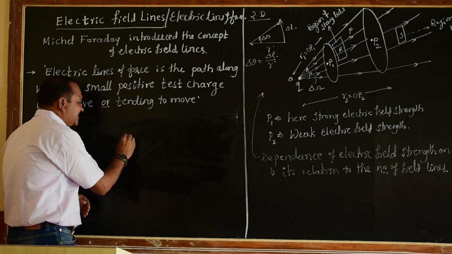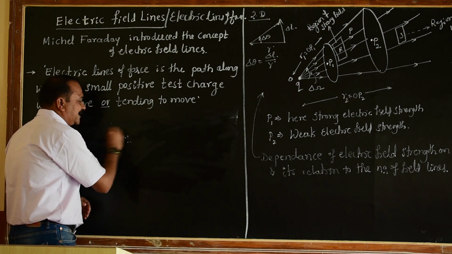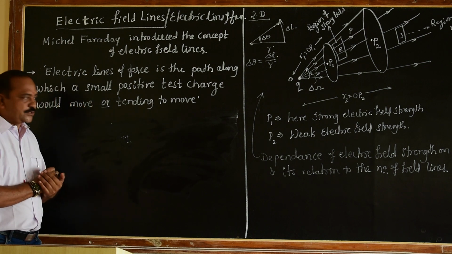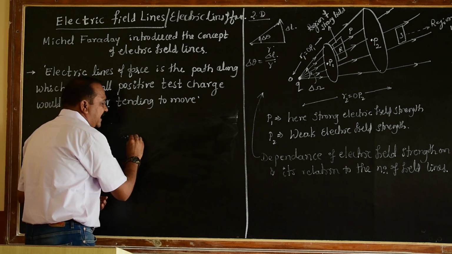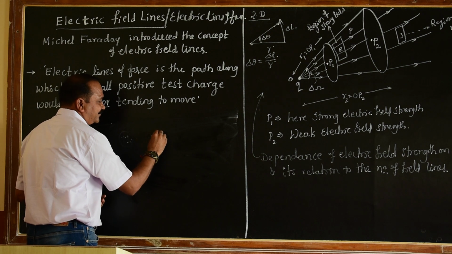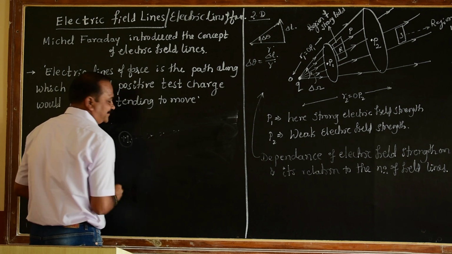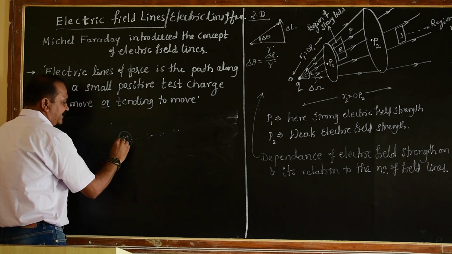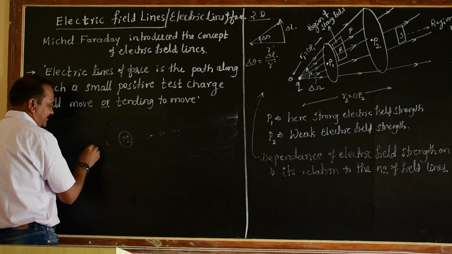For example, this is the test charge, the Q charge. These are all the electric field lines.